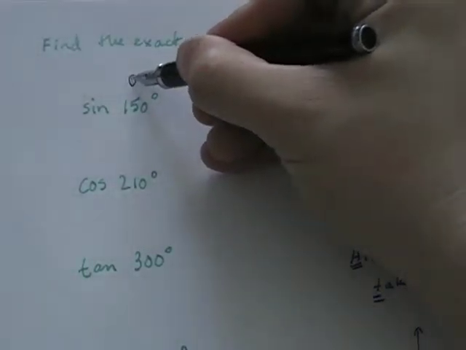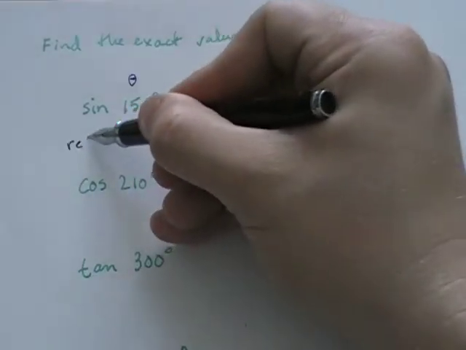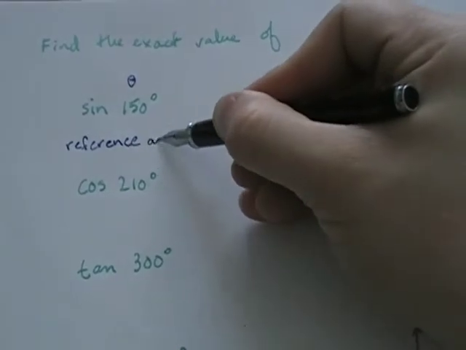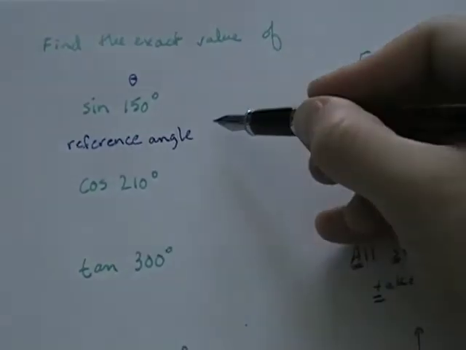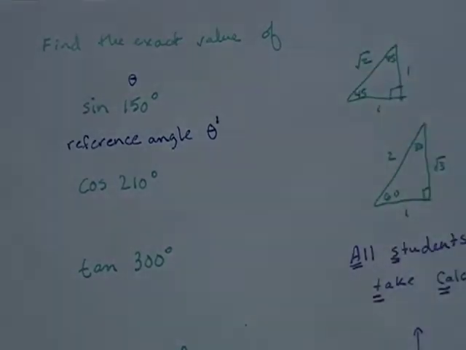So this guy here we call theta, and we call our reference angle theta prime. And theta prime is basically when we find something where we can say, you know what, that's the same angle, it's just pointed in a different direction. It's just turned around a little.